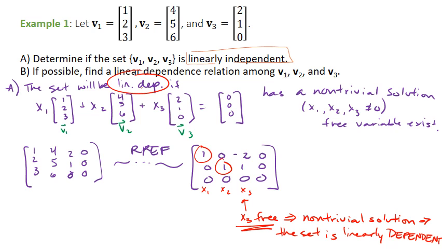Because it is linearly dependent, we can go ahead and answer part B, which is finding a linear dependence relation. With this, there are infinitely many possibilities, because since x3 is free, depending on what I choose for x3, I'll get a different relation. So let's do this on the other slide.